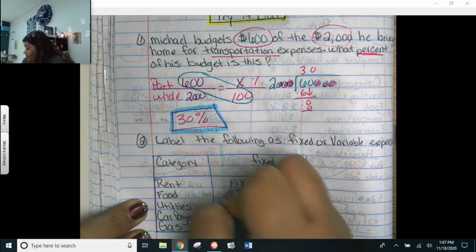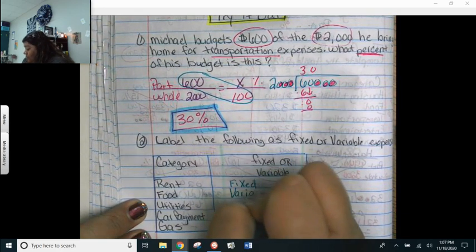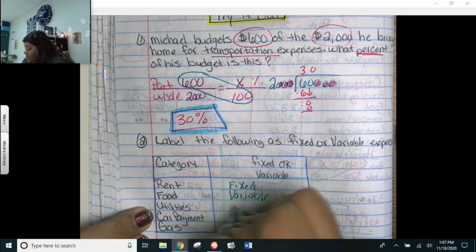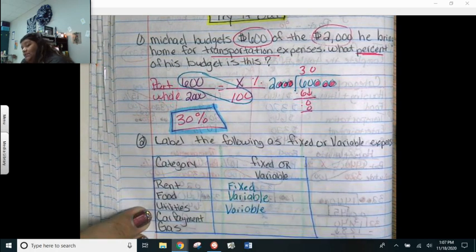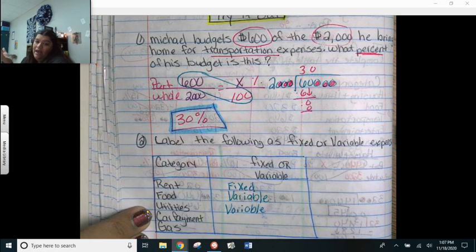Food is a variable expense. Utilities is variable, because sometimes you use a lot of electricity, sometimes you don't. December is a huge spike in electricity bills because 1, you have the heater running because it gets cold, and 2, you have all the Christmas lights that you have around your house or inside the house. So the utilities will go up there.